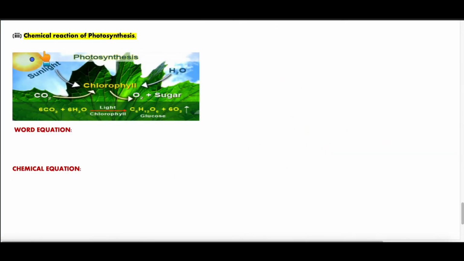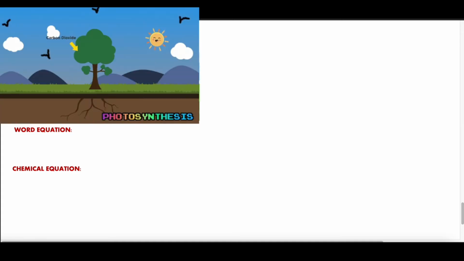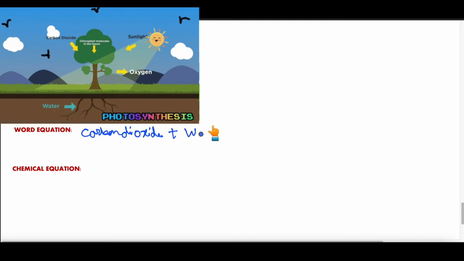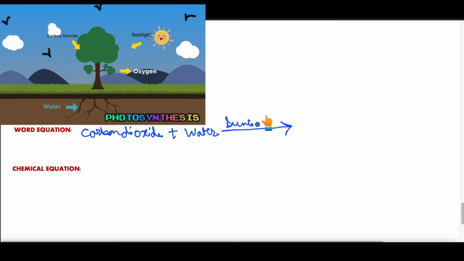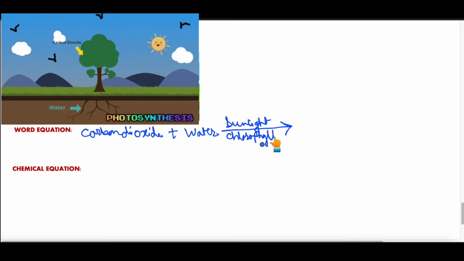Let us see another example of a chemical reaction, photosynthesis. In the process of photosynthesis, the word equation is written as carbon dioxide plus water in the presence of sunlight and chlorophyll. This sunlight and chlorophyll are the reaction conditions, which are written above or below the arrow in the equation.